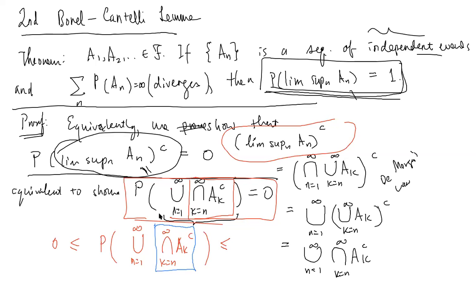We just learned this just now. Union of A_k complement. This is a probability measure. The probability of the union of A_k complement. Okay, and then what is that further?